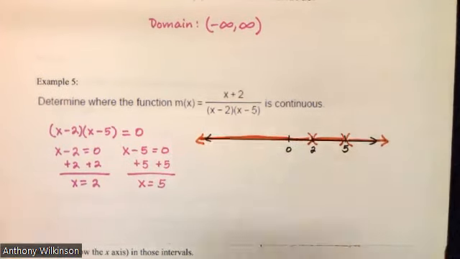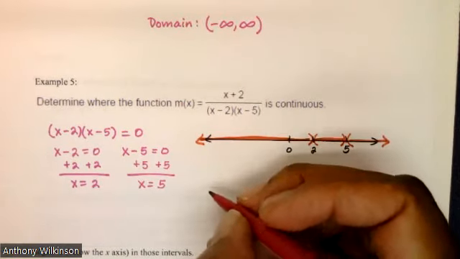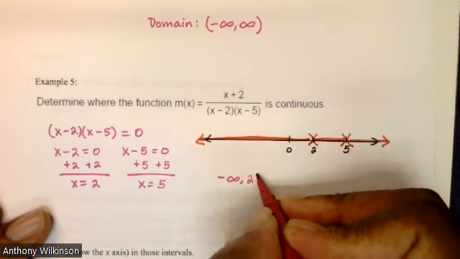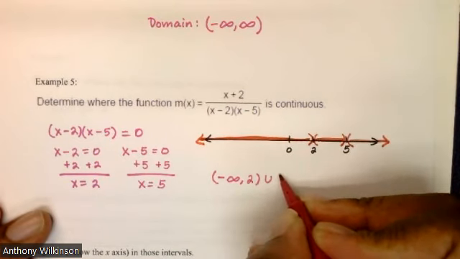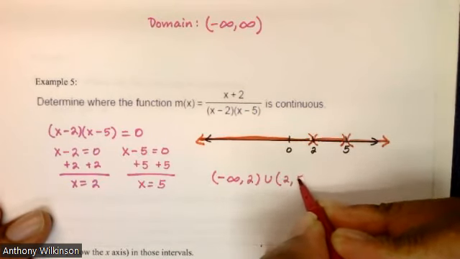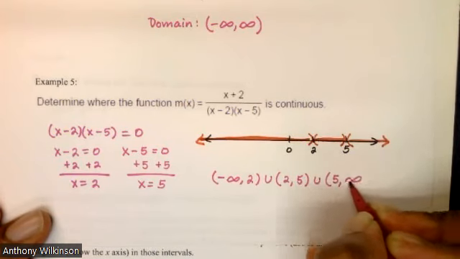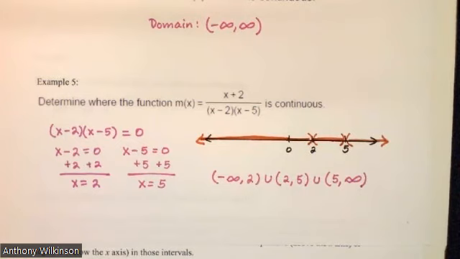And any x value greater than 5 will satisfy that function. So the interval notation for the domain would be negative infinity to 2, or from 2 to 5, or from 5 to infinity. That would be the domain for that rational function.